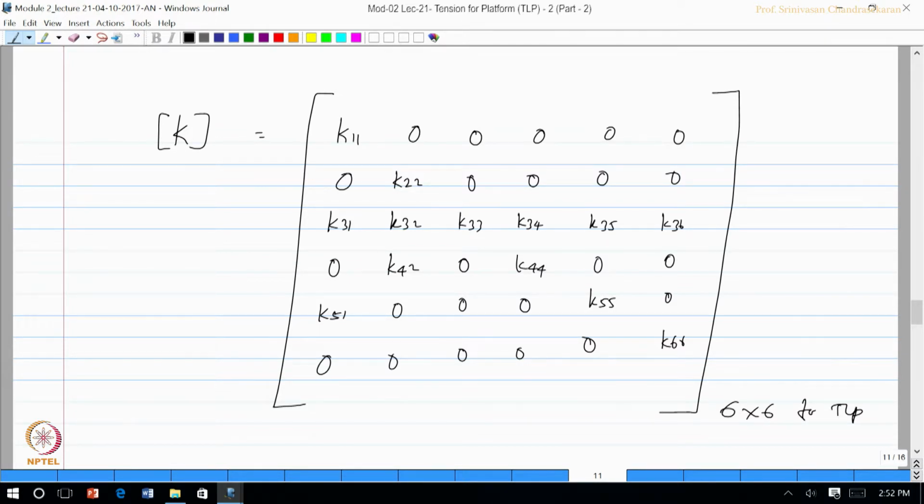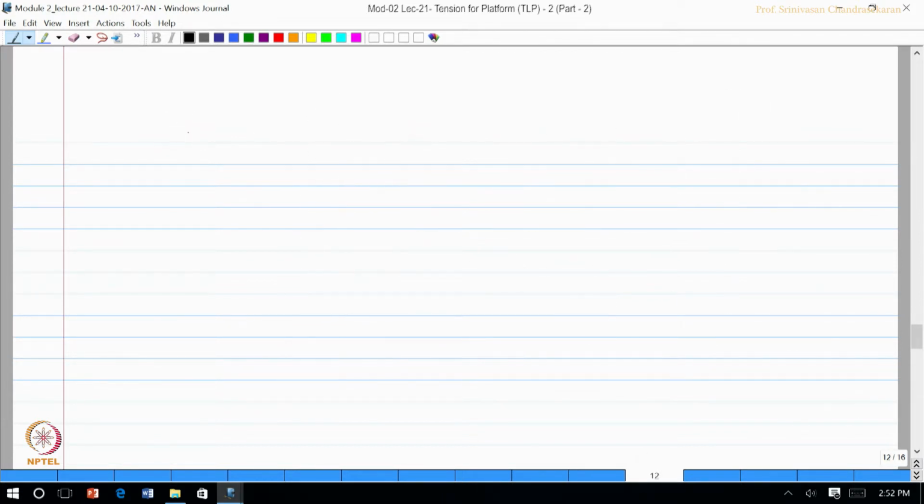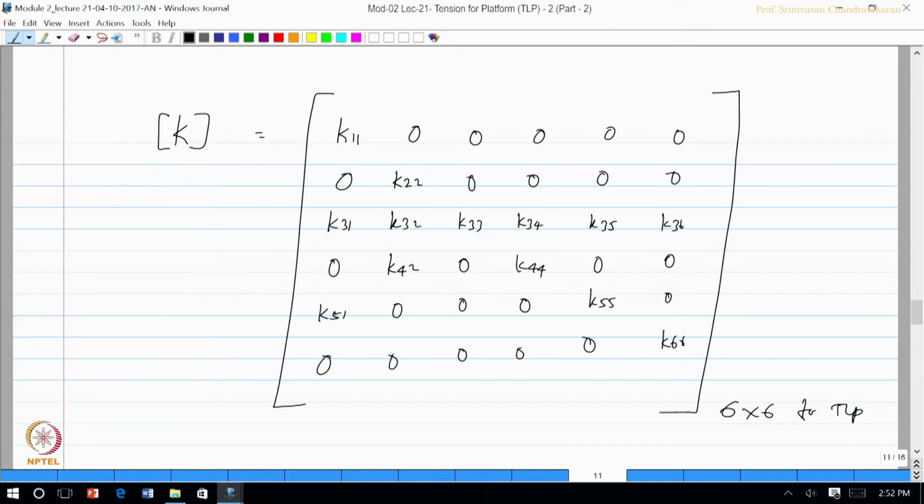One can very easily see some important observations on this for our understanding. What are the observations we can see from the stiffness matrix? First and foremost, you see heave coefficients are present in all. It means you give unit displacement in surge, sway, heave, roll, pitch and yaw, you get forces in heave direction in all the cases.